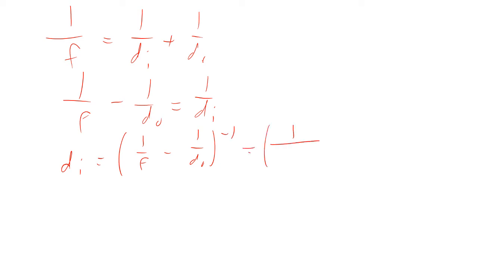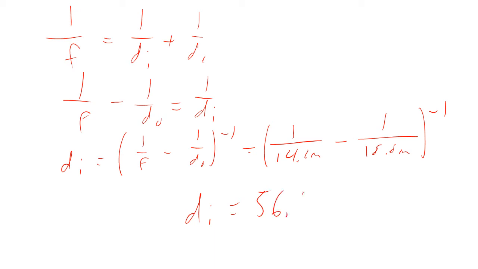In this case, that'd be 1 over 14.2 centimeters minus 1 over 18.8 centimeters, all to the minus 1. So di comes out to be 56.4 centimeters.